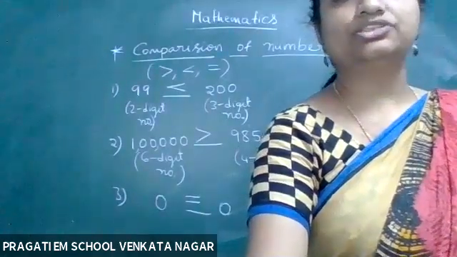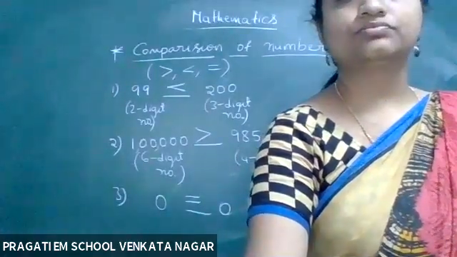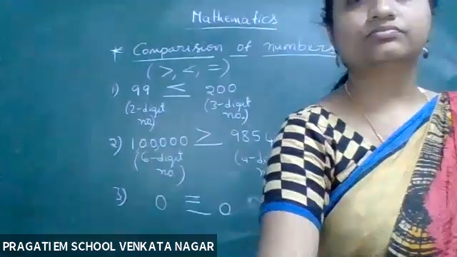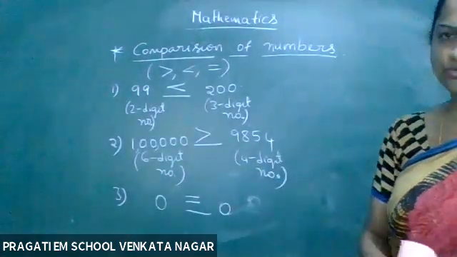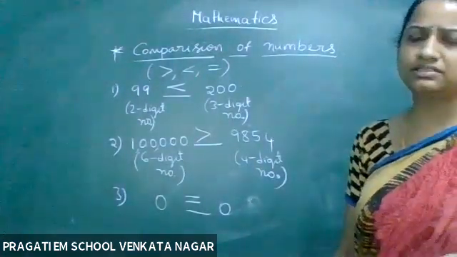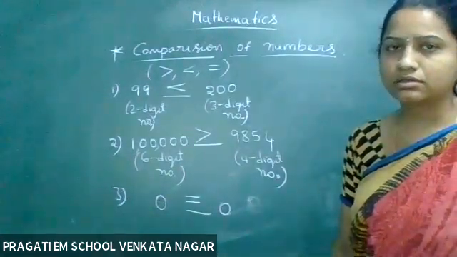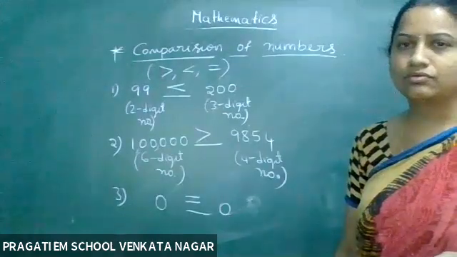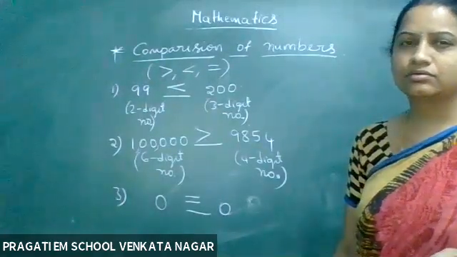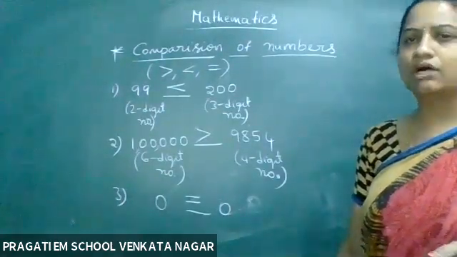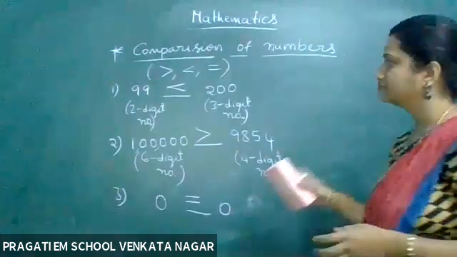What about Sai Harsha? 9,854 is there, ma'am. Okay, fine.